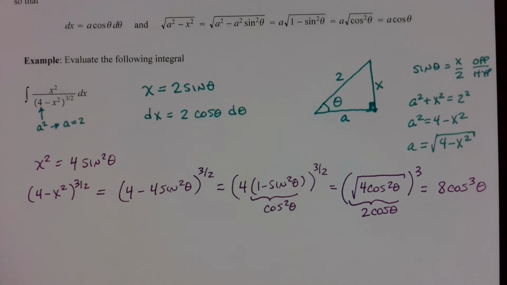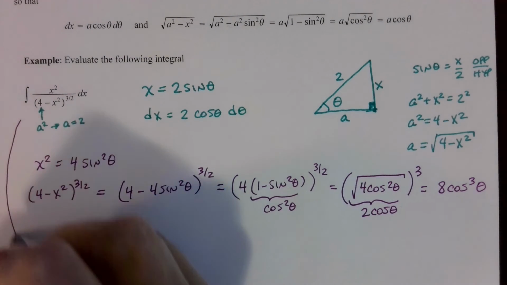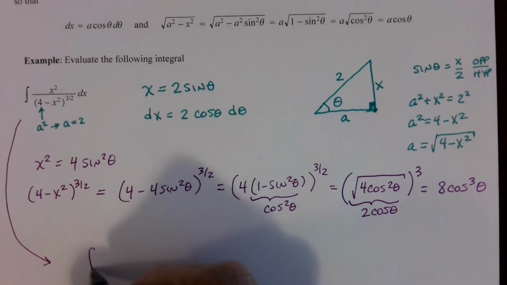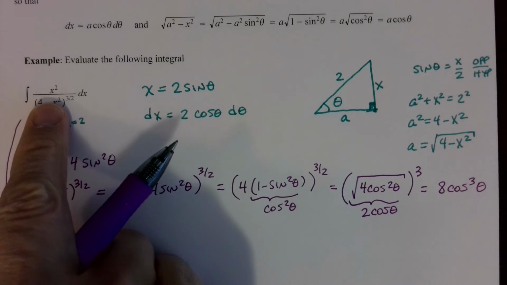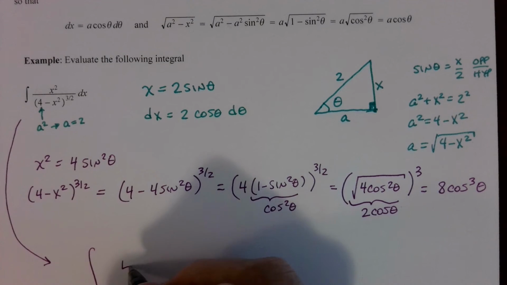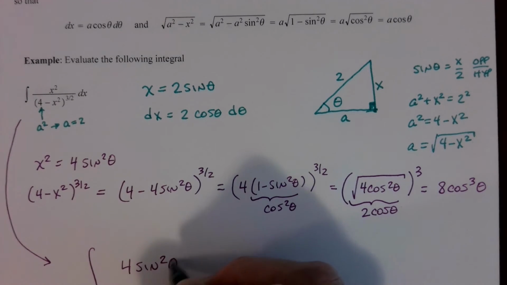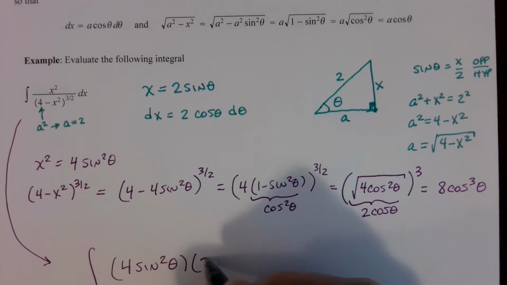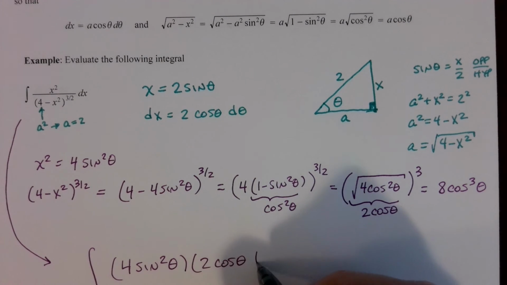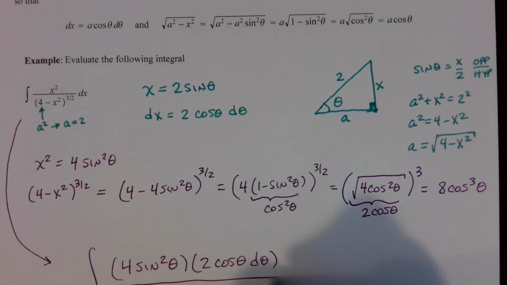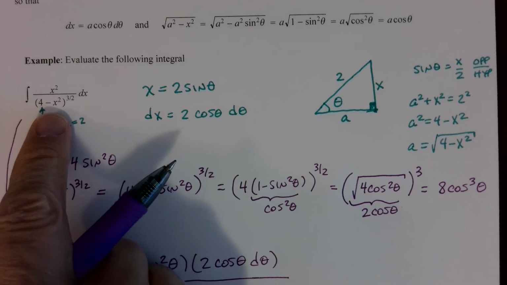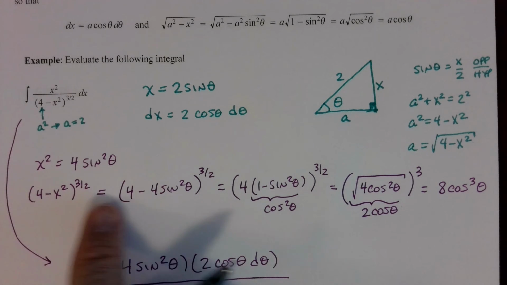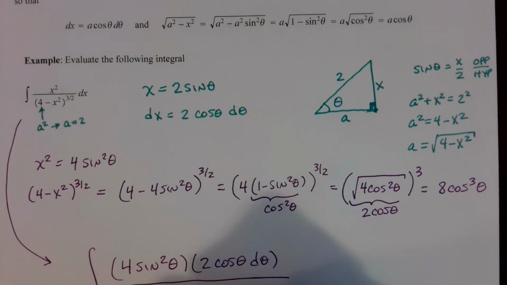And so now everything's in terms of theta, and so we're going to rewrite this, and let's do that. Up top I've got x squared, which is 4 sine squared theta, times dx, and what is dx? 2 cosine theta d theta, all over 4 minus x squared to the 3/2 power, which is 8 cosine cubed theta.